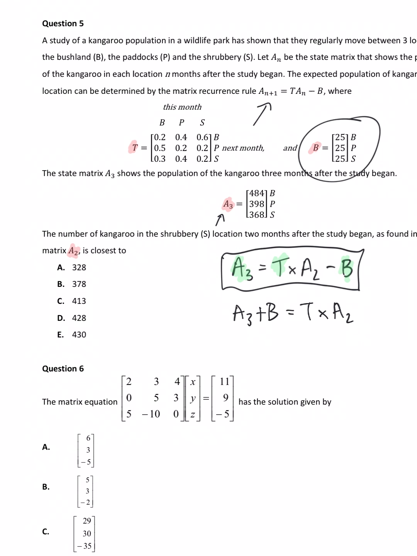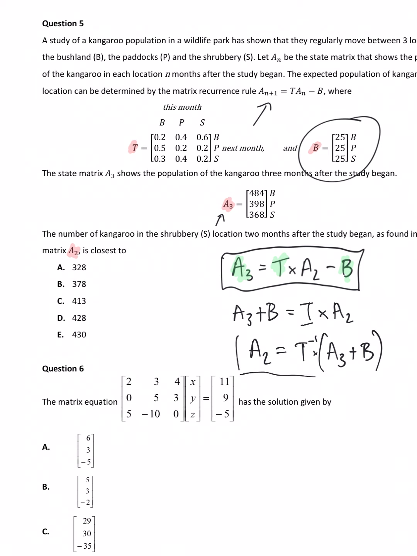We're just trying to get rid of everything on the same side as that A2. So we're going to get rid of this transition matrix. If you get it to the other side, it's using the inverse. So essentially your A2, I'm just writing it around the other way, is going to be the inverse of T, and then you've got this A3 plus B. Now you just have to make sure this is in brackets, because you want that addition first.